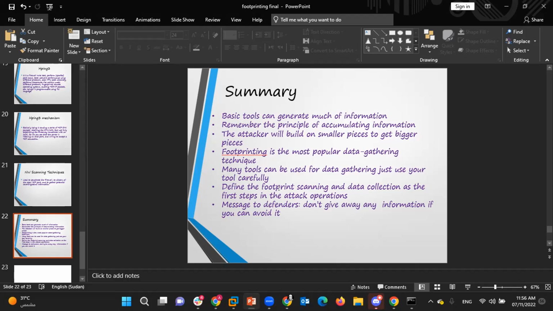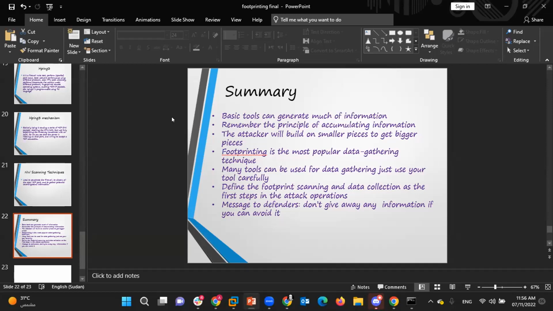We used it all the time in the past, but do you think that we can collect much information with the Nmap tool? I'm not saying that at the first time when using Nmap. So a basic tool can generate much information we can gather. We can collect much information from basic tools used for scanning.